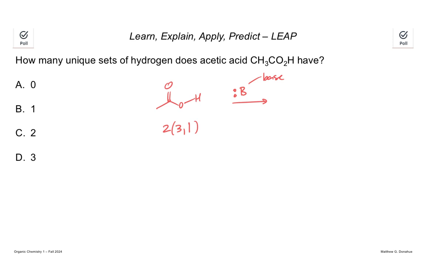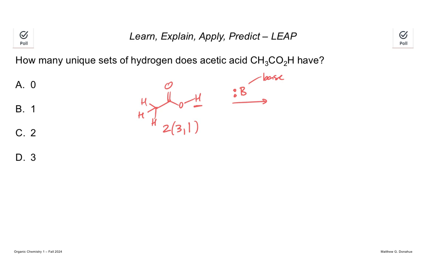Even though we're calling it acetic acid, that's the most acidic proton. But again, you have this other set here, the methyl group. Why doesn't the base abstract a hydrogen from the methyl group? Why does it go after the OH?